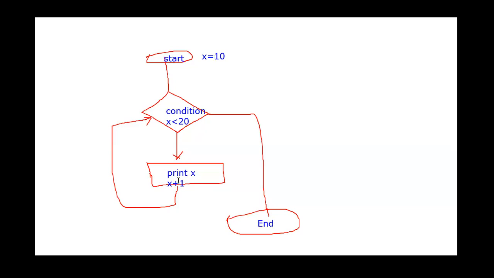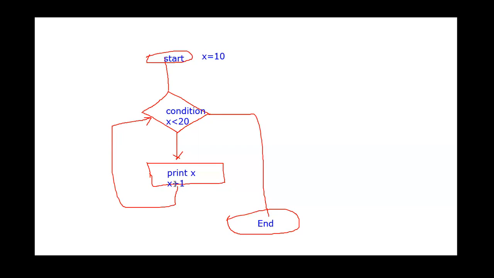Then it will go to this condition block to check whether x is less than 20 or not. So 11 is less than 20. Then 11 will be printed over here. Simultaneously, it will add one more to x, so now the value of x would be 12.